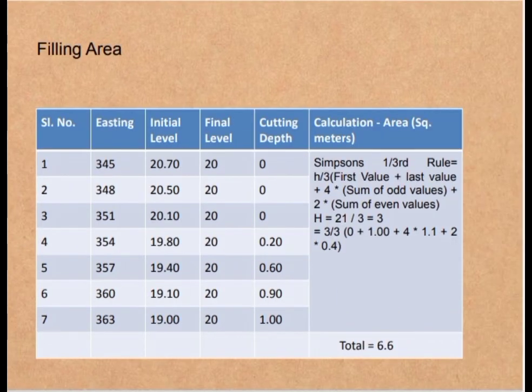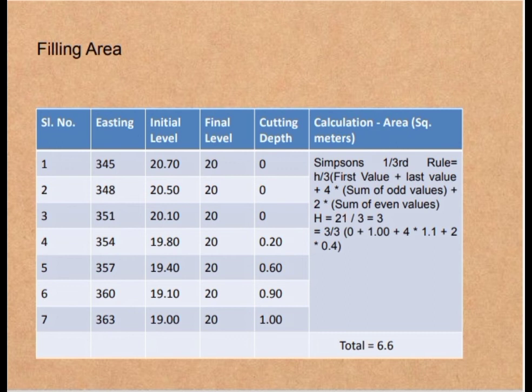After the cutting area, we have the filling area. We also have the easting, initial level, final level, cutting depth, and the calculation of area in square meters by using Simpson's one-third rule. So h over 3, first value plus the last value plus 4 times the sum of odd values plus 2 times the sum of even values.